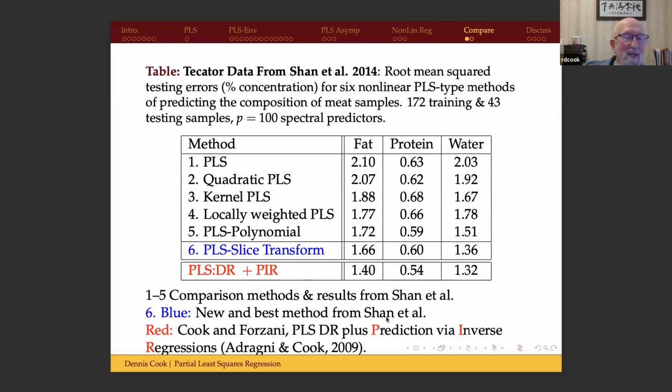Our method, which is basically PLS plus something else, is clearly the best out of all of them. And it didn't require nearly the work or the additional development.